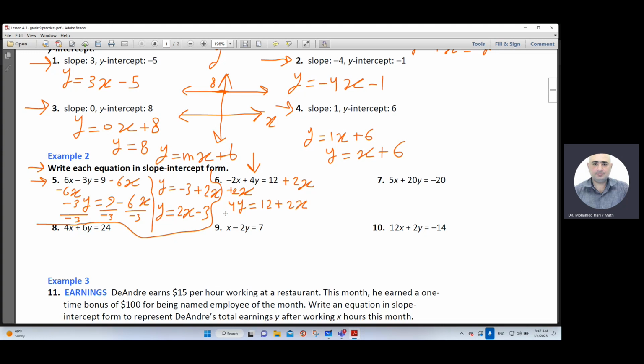Then we can remove 4 from this side, divide the two sides by 4. y equals 12 divided by 4 will be 3. And here 2 over 4, you can simplify. Divide by 2 up and by 2 down will be 1 over 2x. Then you can write y equals 1 over 2x plus 3.